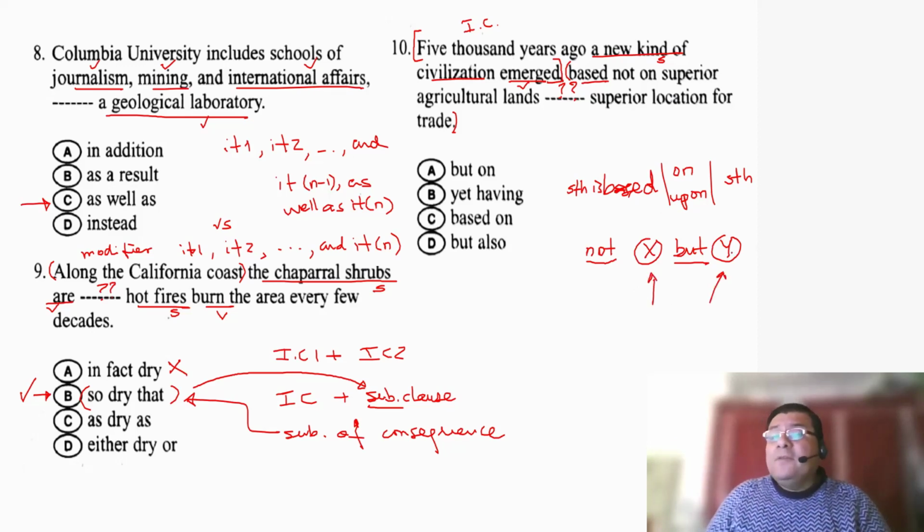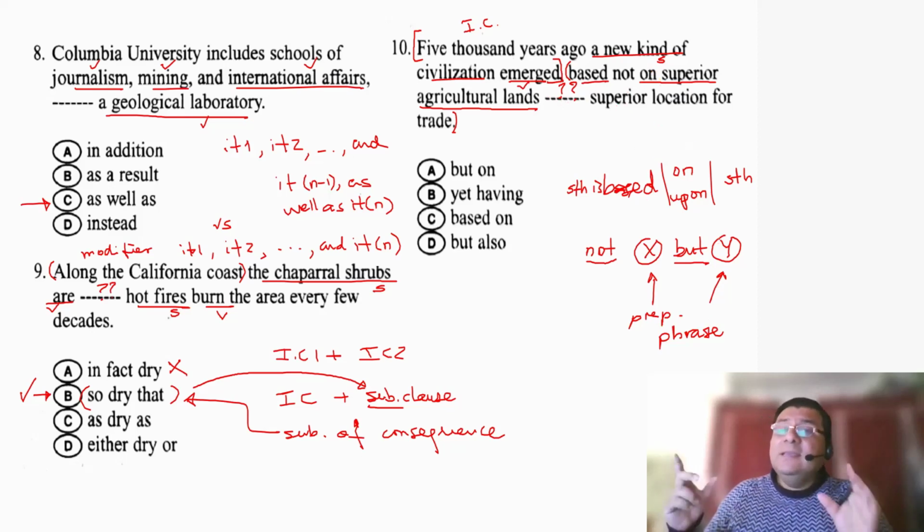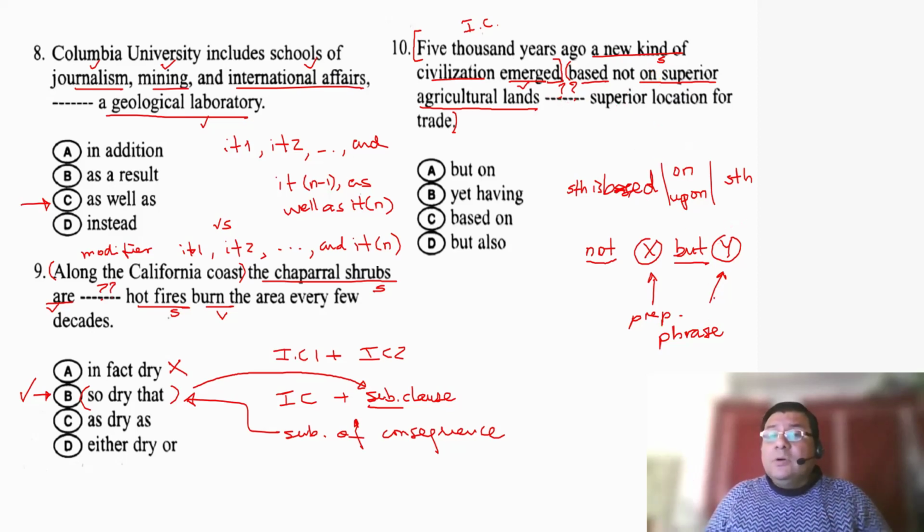What kind of structure do we have for X? The first of the structures being joined is, you can see here, a phrase. What kind of phrase? Notice, "not on superior agricultural lands." What is that? It's a prepositional phrase. So here our X is a prepositional phrase. And Y, the other structure, is supposed to be exactly the same grammar type of structure. So we would have another prepositional phrase.